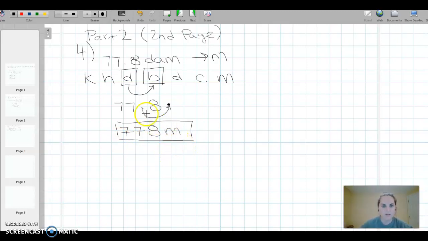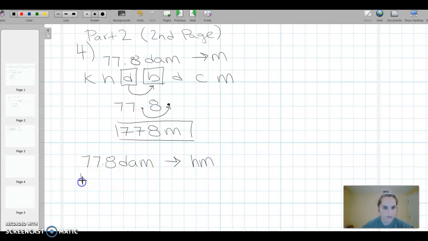And again, all we did was move that decimal place over because with SI units, they are all base 10. So all we have to do is move that decimal place over to get the right answer. So let's move on to part 2 of that problem. Again, we start with 77.8 decameters, and then we are asked to convert it to hectometers.